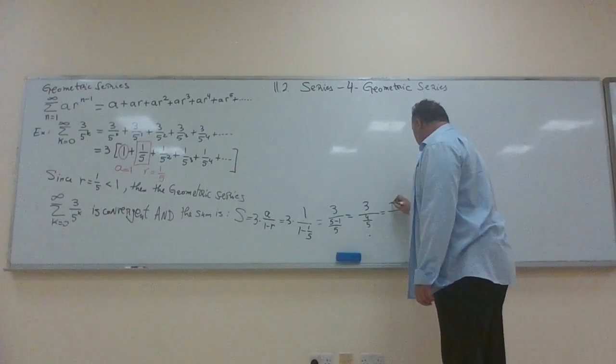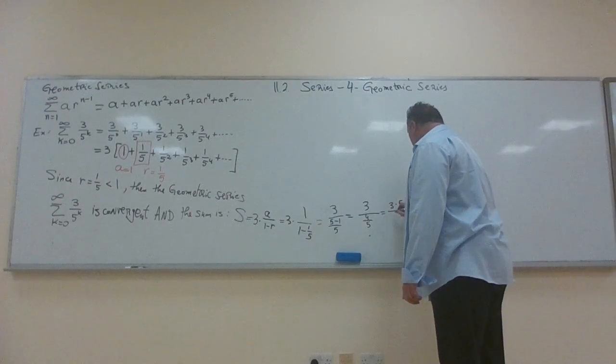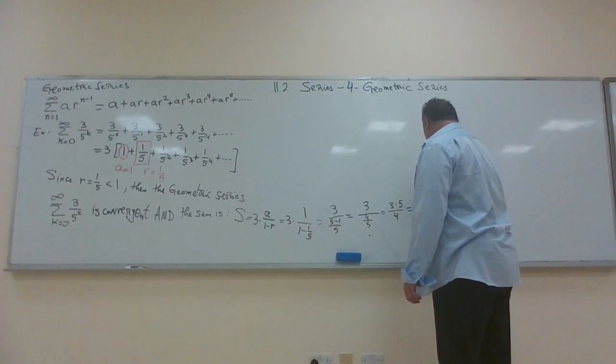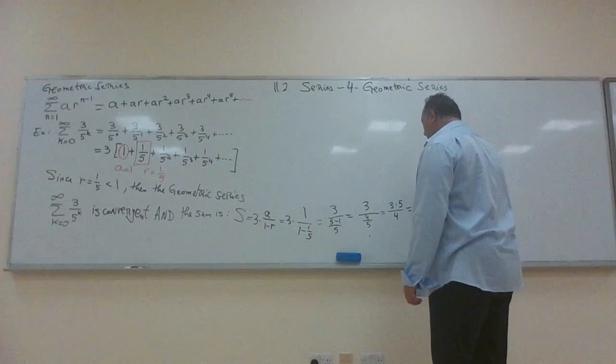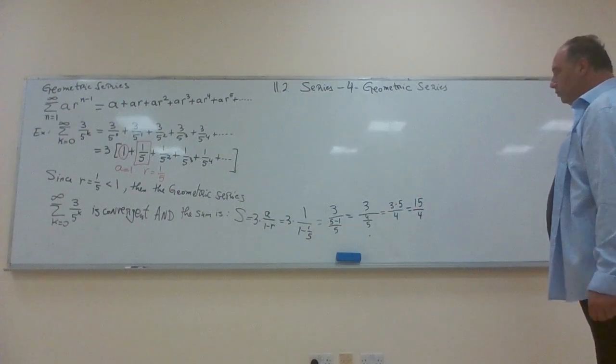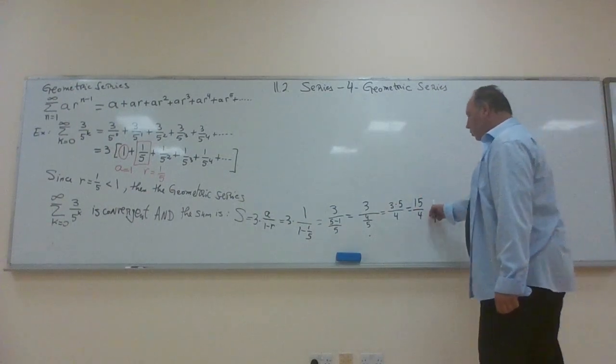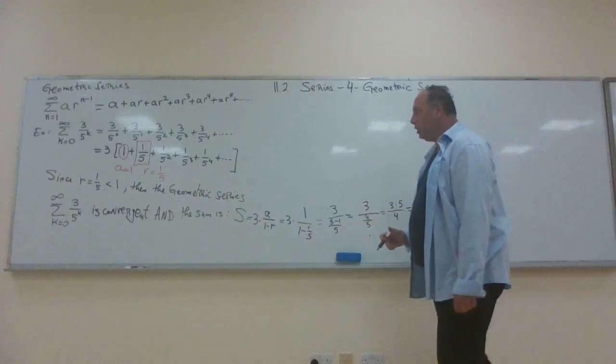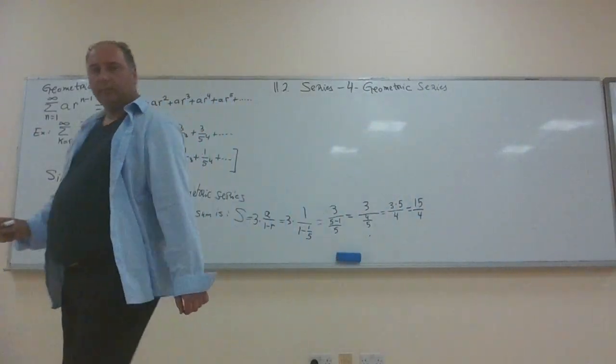So I have 3 times 5 divided by 4, so I have 15 divided by 4. Okay? So this is the sum of this convergent geometric series.